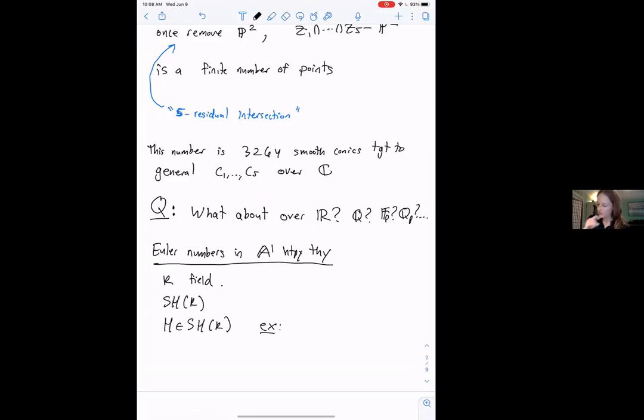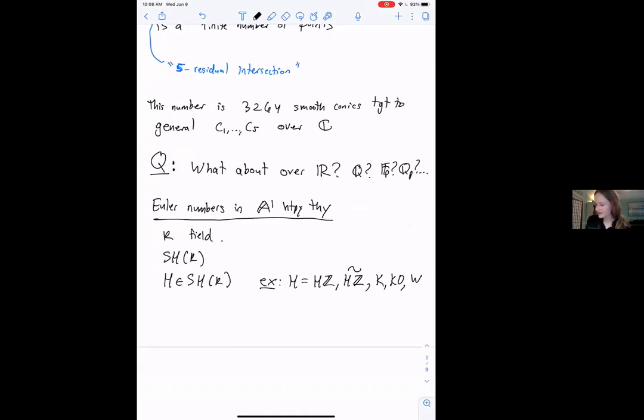So in nice geometric degrees, let's think about H being motivic cohomology, so that in geometric degrees we'll get Chow, and extended motivic cohomology, so that we can get oriented Chow, and K theory and KO, and Witt theory.